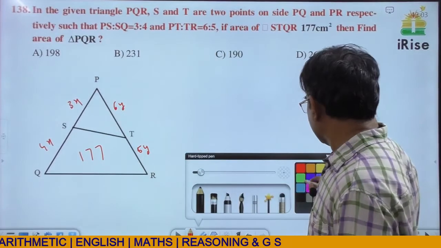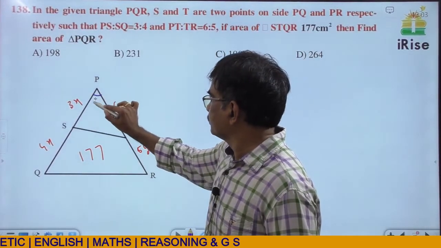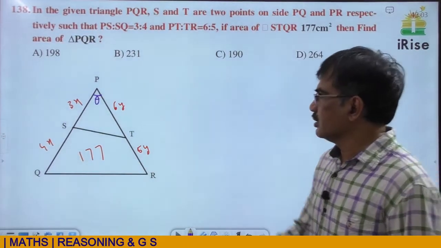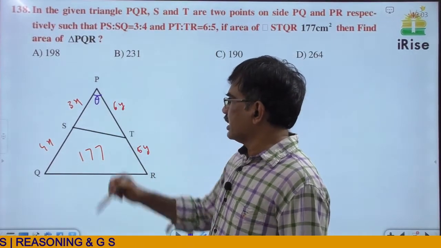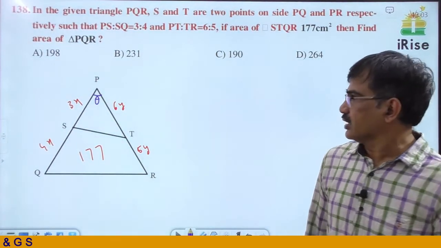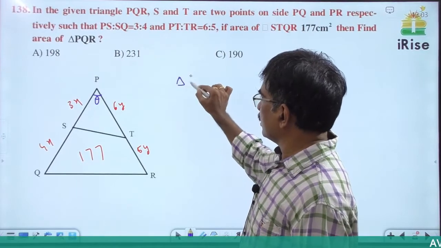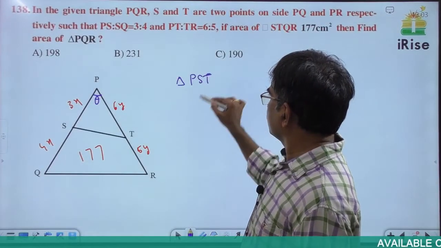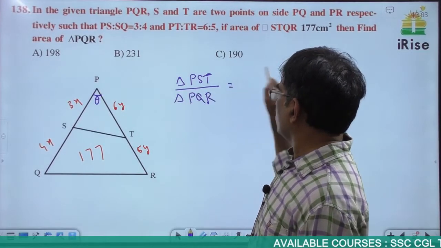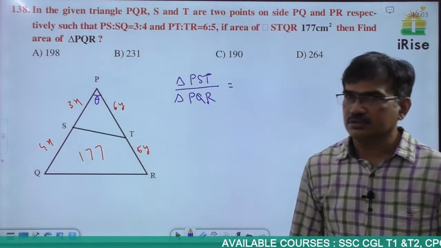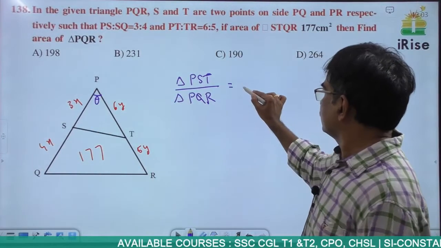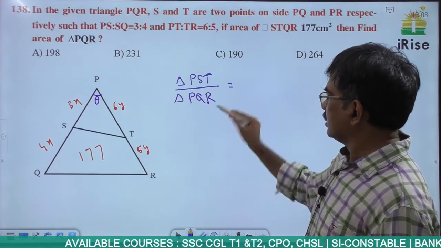Here I want to consider this angle as theta. If two sides and the included angle are given, we can find the area of the triangle, half AB sin theta. So area of triangle PST by area of triangle PQR is equal to how much? First I want to consider the total area as A. Then what do we get here?